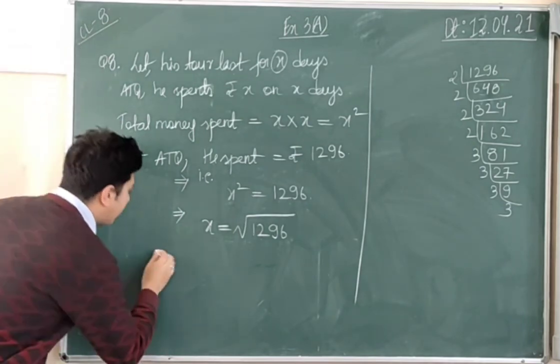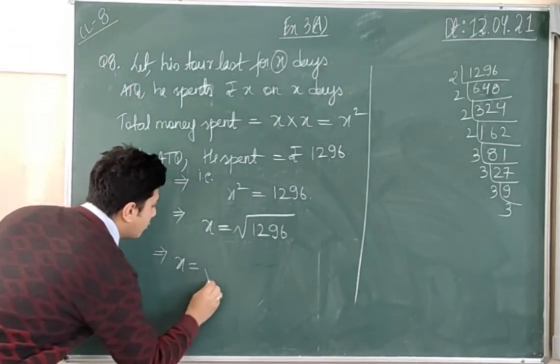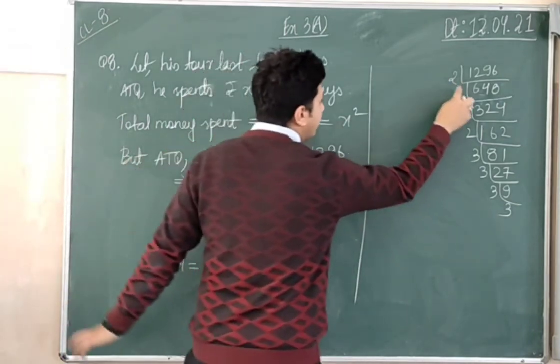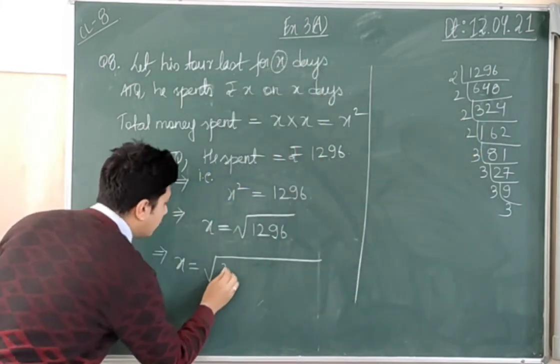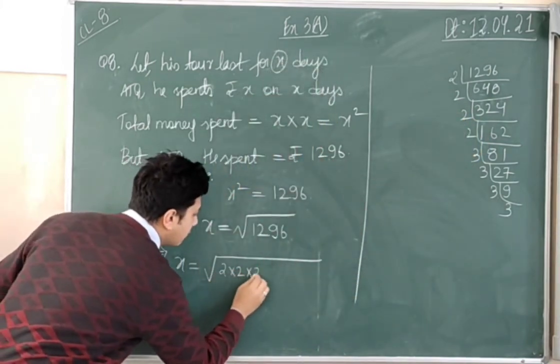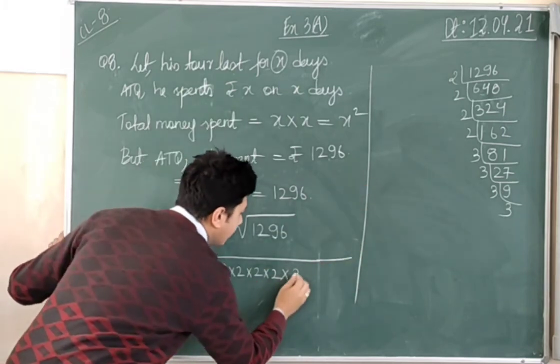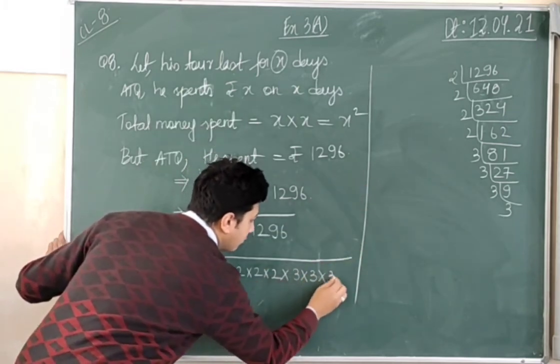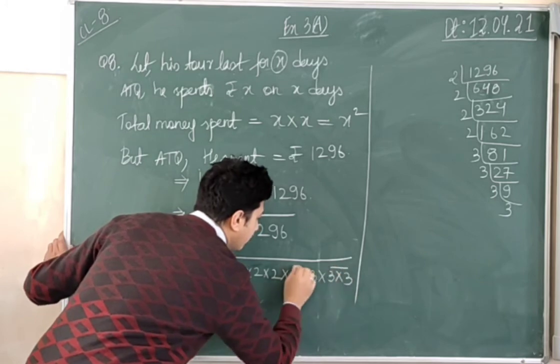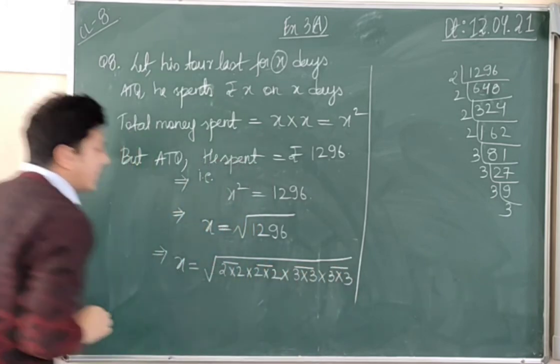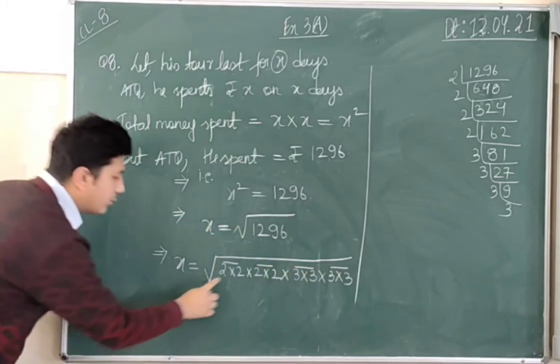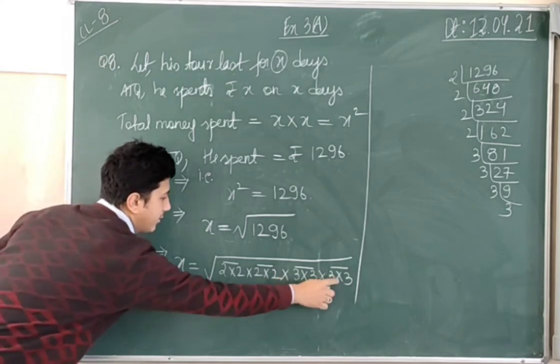So therefore I can write X is equal to 2 how many times? 1 2 3 4. So 2 into 2 into 2 into 2, and 3 also 4 times, right? 3 into 3 into 3 into 3. You can see all of these numbers have a pair, which means 2 square into 2 square into 3 square into 3 square.